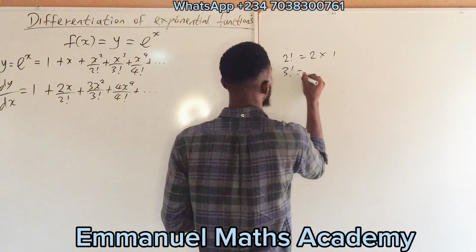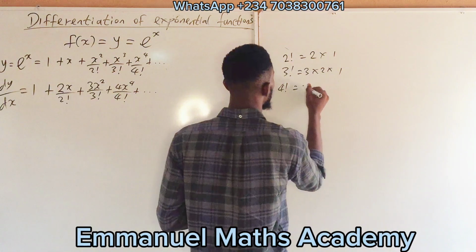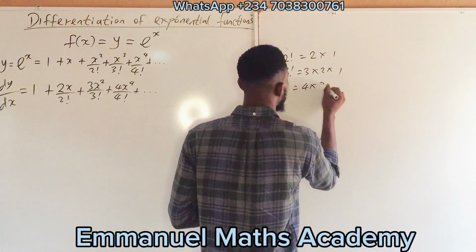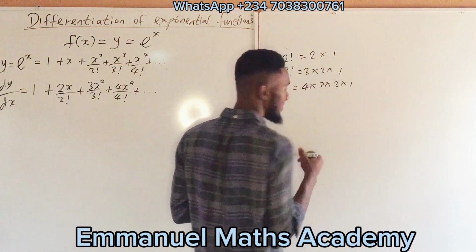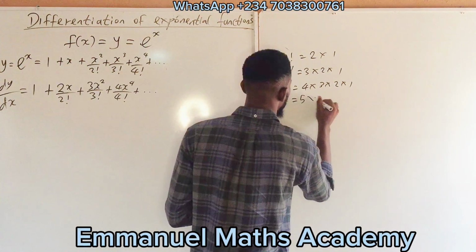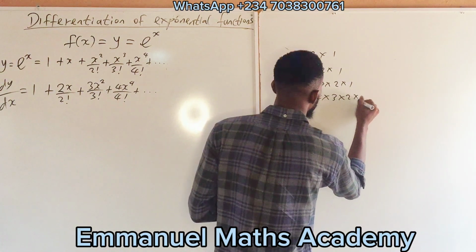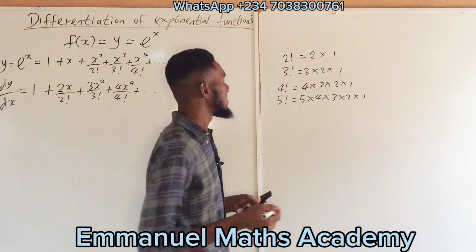Then 3 factorial is equal to 3 times 2 times 1. 4 factorial is equal to 4 times 3 times 2 times 1, right? Then likewise 5 factorial is equal to 5 times 4 times 3 times 2 times 1. As simple as that, right?